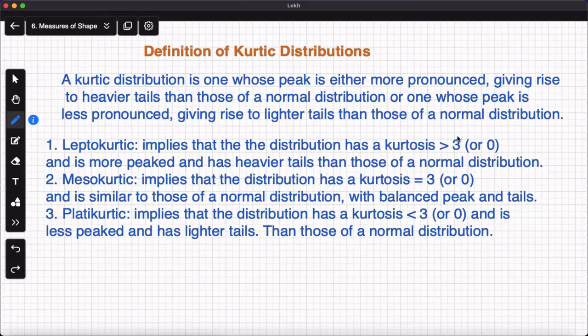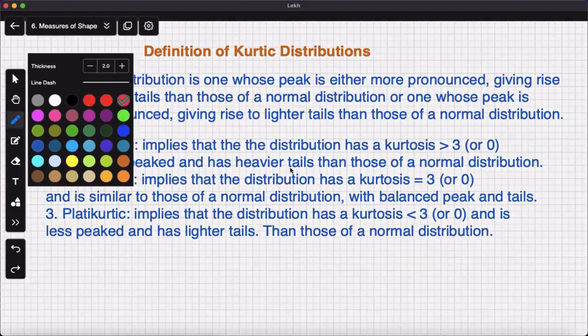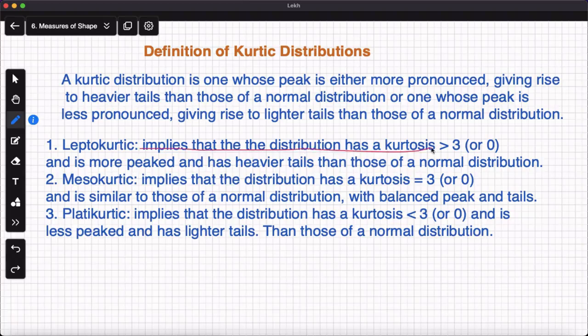So if you are using a benchmark of 3, it will be leptokurtic when the coefficient of kurtosis is greater than 3, whereas you are going to say it is mesokurtic when the coefficient of kurtosis is 3. And you are going to say it is platykurtic when the coefficient of kurtosis is less than 3.